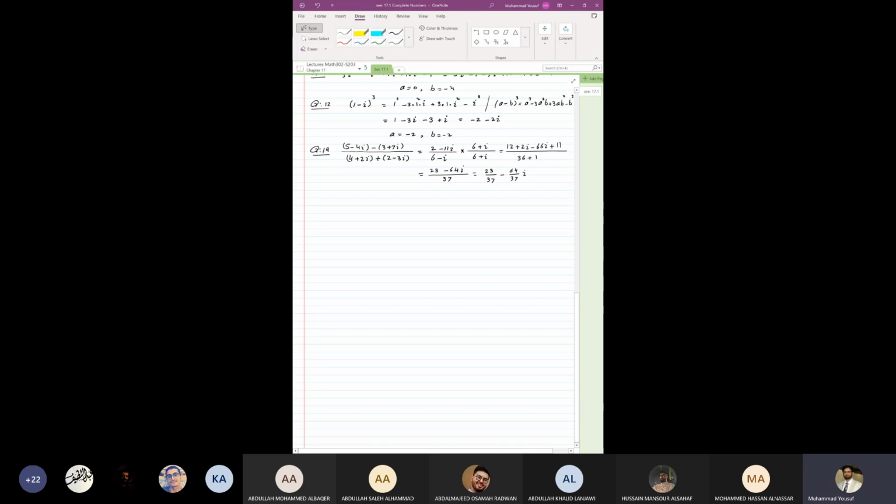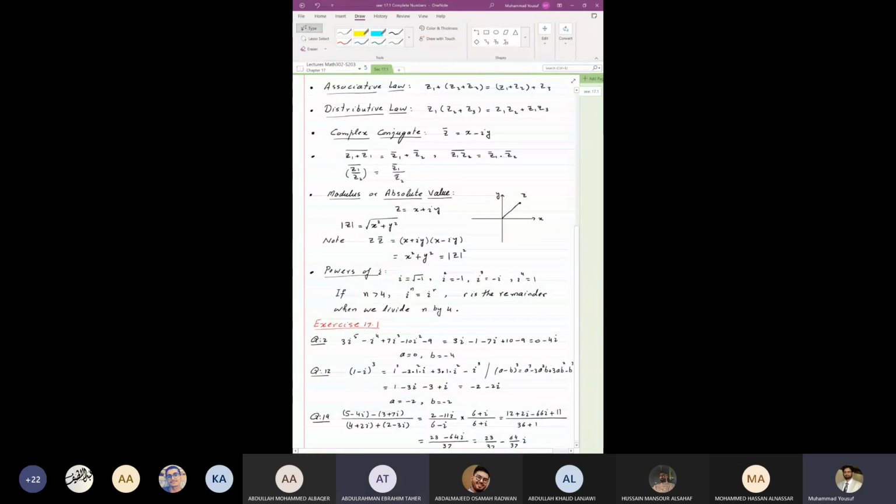Doctor, yes. We have a point in the first quadrant, then the vector from the origin to this point is a complex number. You see, in the complex plane, like maybe you are seeing in the book, they are denoting it by a vector.